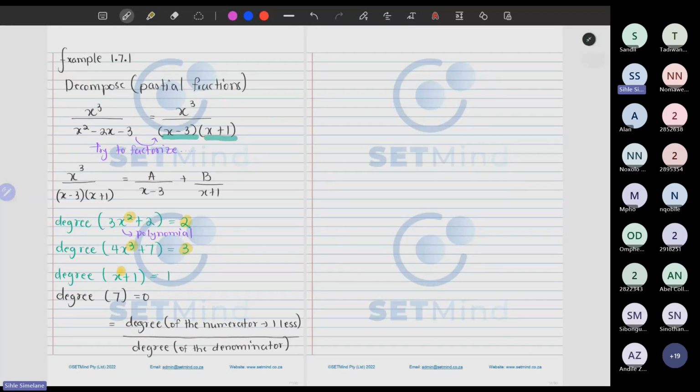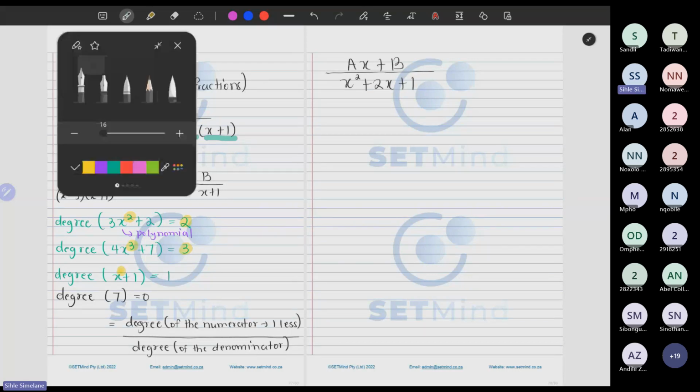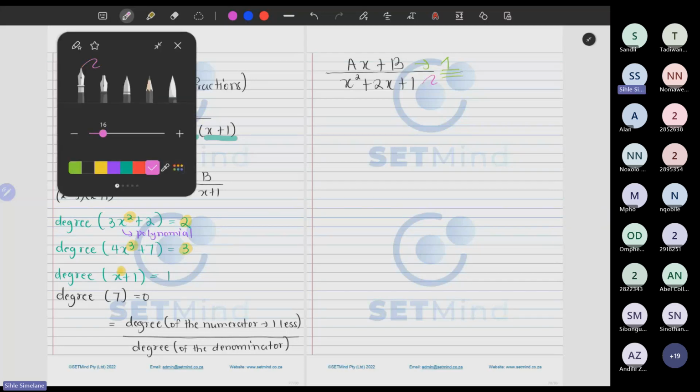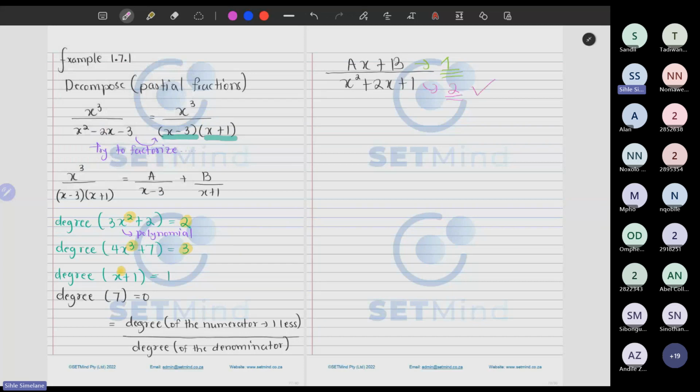The degree of the denominator should be 1 more than the degree of the numerator. So for example, if I have x squared plus 2x plus 1, my numerator when I do partial fractions, I would make it to be ax plus b. And guess what? This here is degree 1, and my denominator is degree 2. And this is always what I want. The denominator should be 1 more than the numerator as far as the degree is concerned.